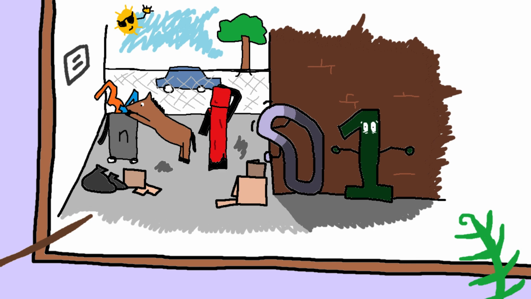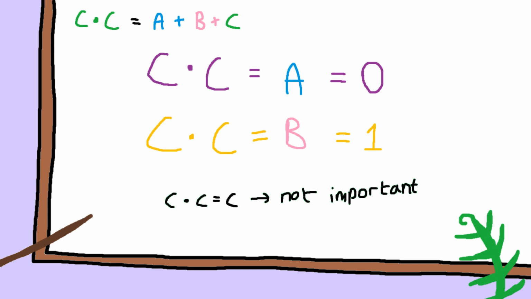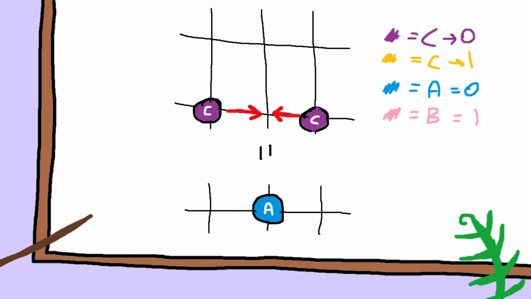Well, my dear viewer, we call the fusion results of the C anyon a 1 or a 0. We say that a C that fuses to an A is 0, and a C that fuses to a B is 1. We can control this fusion result by the way we create the C anyons. If we create a C anyon from nothing, they'll fuse to an A anyon.